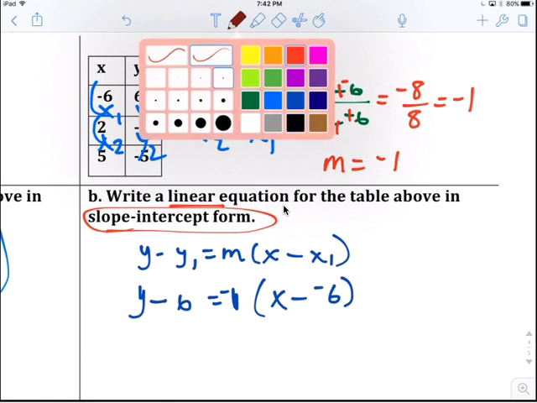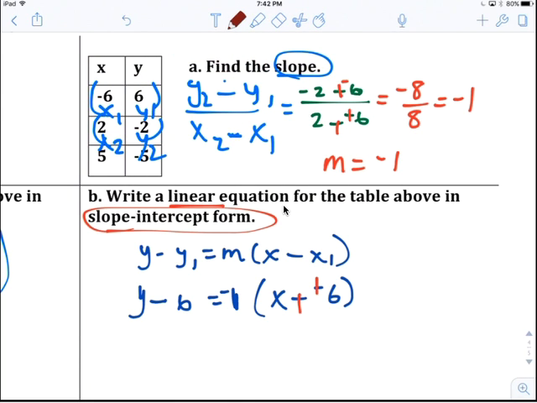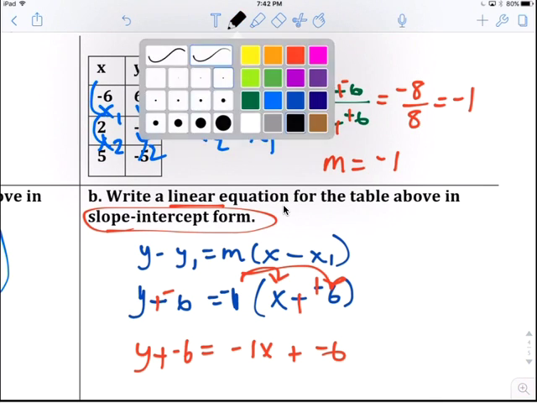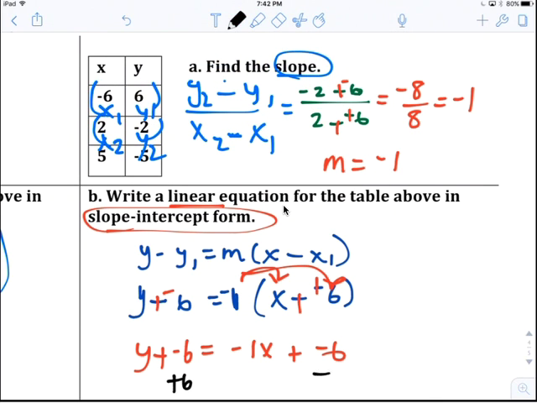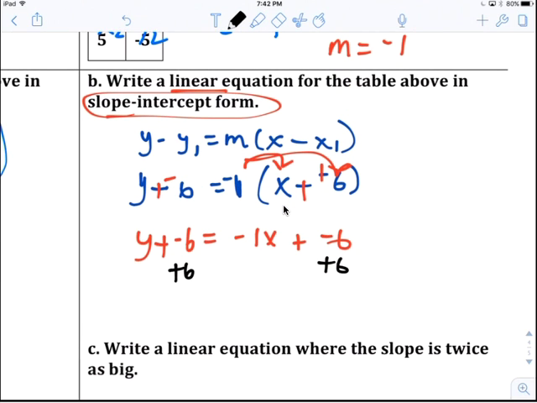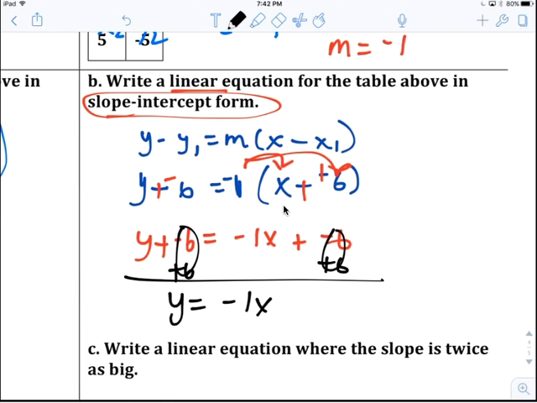Additive inverse, plus. Distribute, you get negative 1x, and negative 6 equals y plus negative 6 here. You add 6, zero, y plus 0 is y, negative 1x.